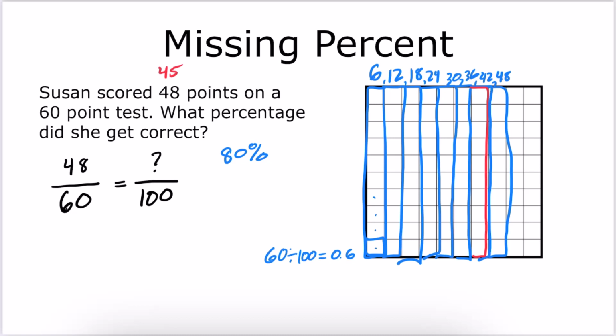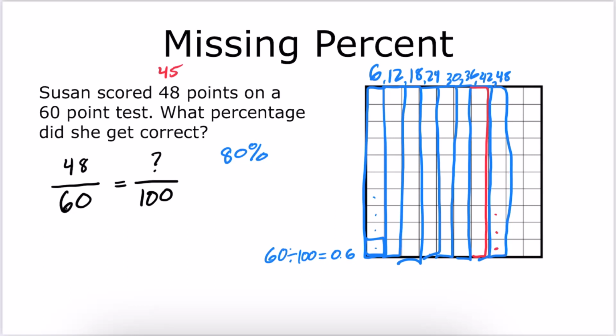So then you just count up individual squares and you'd say, well, this is 0.6 plus another 0.6 would be 1.2 points, plus another 0.6 would be 1.8, plus another 0.6 would be 2.4. And then if you add another 0.6, that gives you 3 points. And 3 points more than the 42 points gets you to 45 points. And so in that case, 45 points on a 60-point test would be 75%. So sometimes you might need to do that.